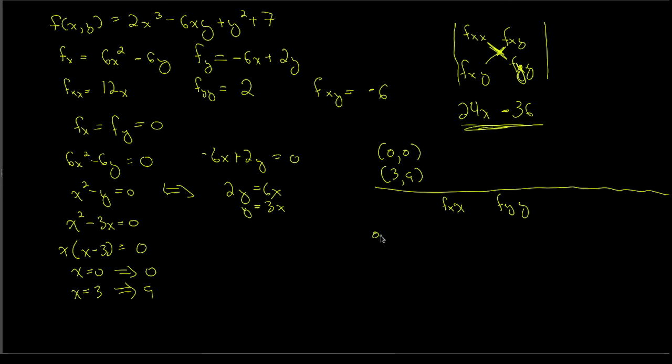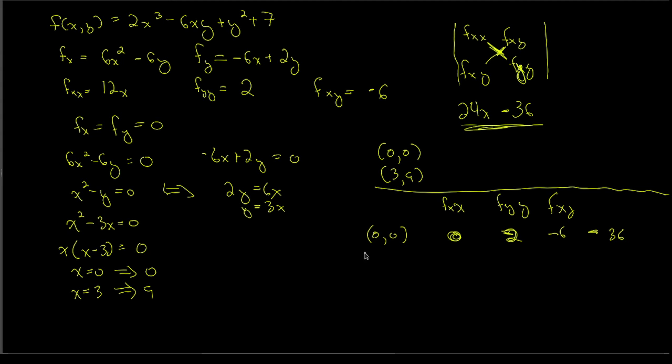So we'll look at the point 0, 0. f double x is 0. f double y is 2, and fxy is negative 6. And our Hessian is going to be negative 36.